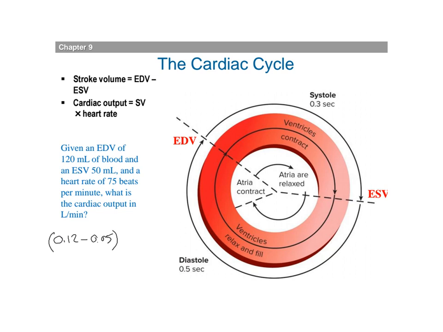And then we're going to multiply that by 75 beats per minute. And we'll get 5.25 liters per minute. So our cardiac output in this case is 5.25 liters per minute. That's very close to the average value often given in textbooks of about 5 liters per minute for your typical adult.